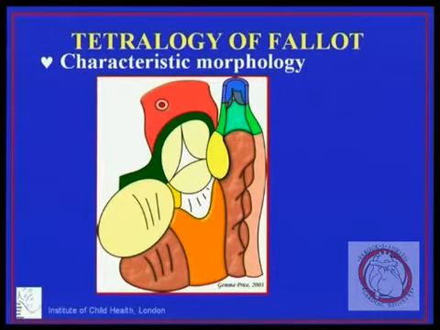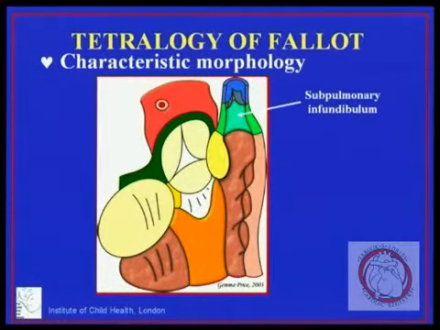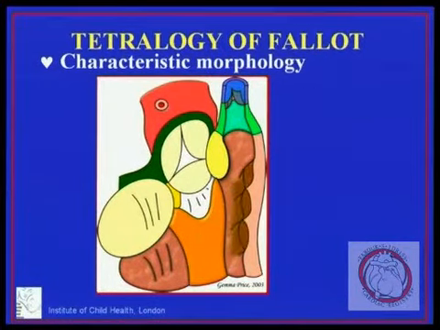There is still a freestanding infundibulum supporting the leaflets of the pulmonary valve. That is narrower than the normal, of course, but oftentimes it retains considerable length. So there we see the subpulmonary infundibulum.